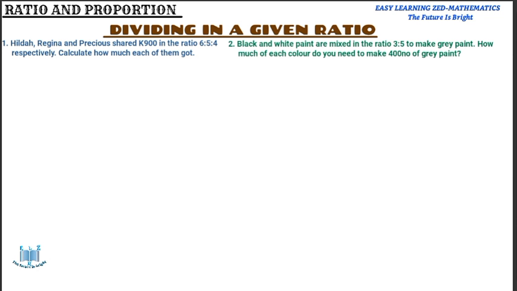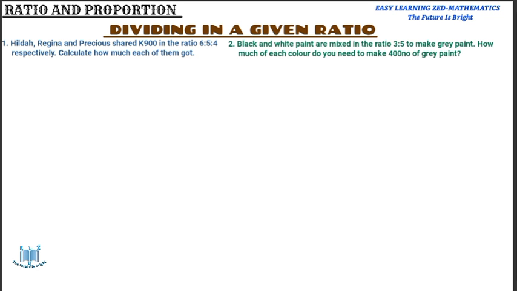So the ratio for Hilda is 6, Regina is 5, and Precious is 4. Hilda is first, so she gets the first number in the ratio. Regina is in the middle, so she gets the number in the middle, and Precious gets the number on the right side, the last one.